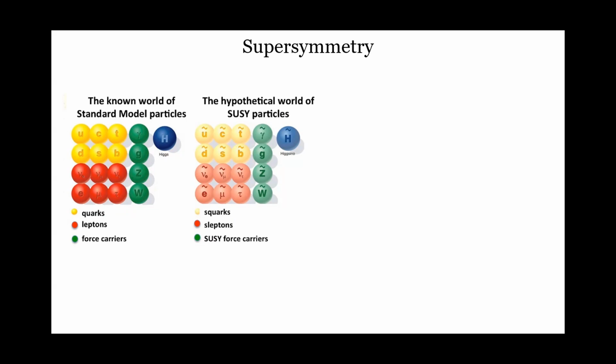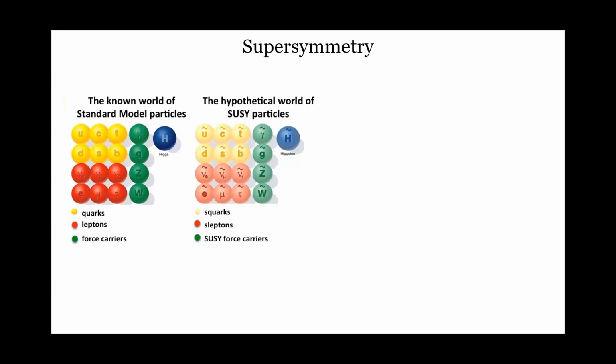Supersymmetry is a kind of symmetry, but it's super in the sense that for every Standard Model particle, you have a superparticle. For every Standard Model fermion, these are all spin 1/2, you have an integer spin boson, differing by one half.